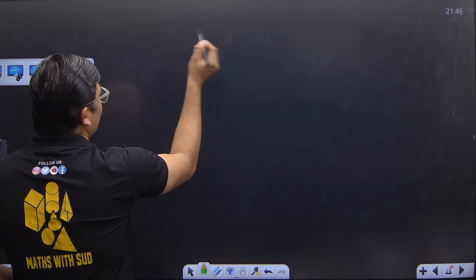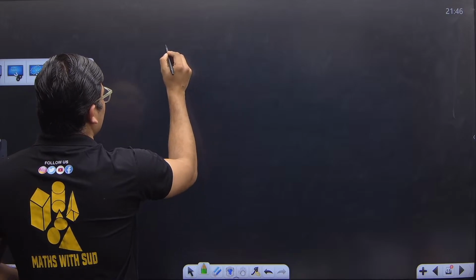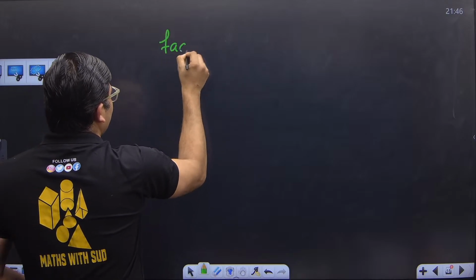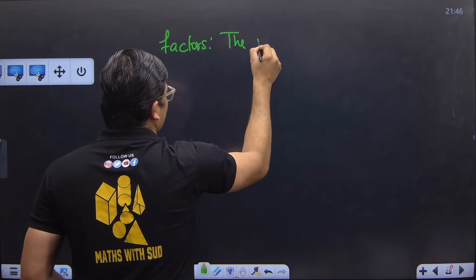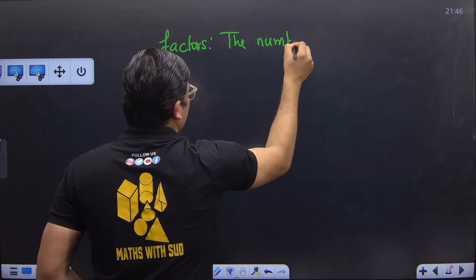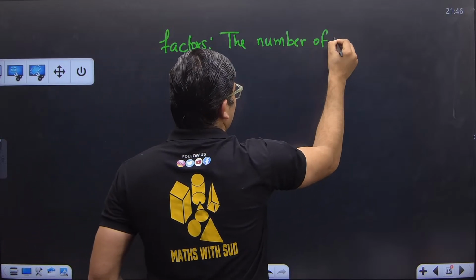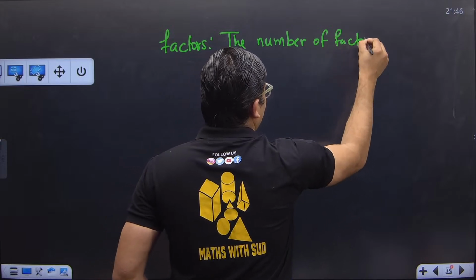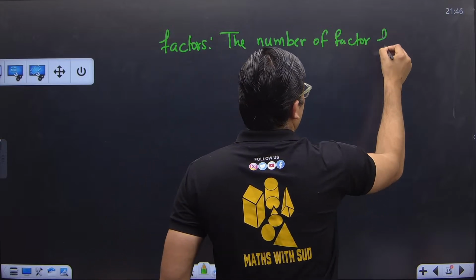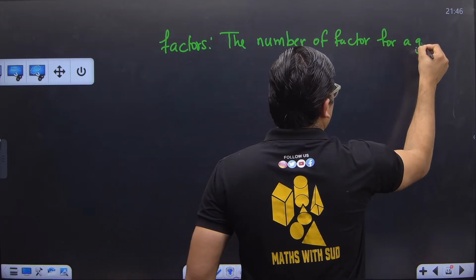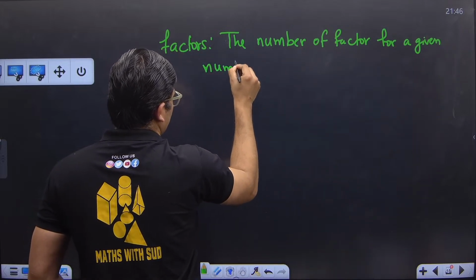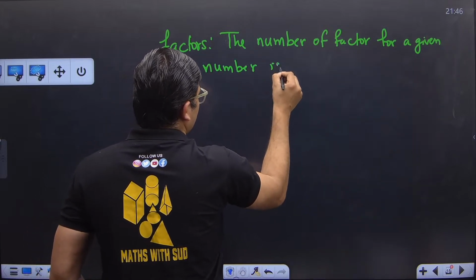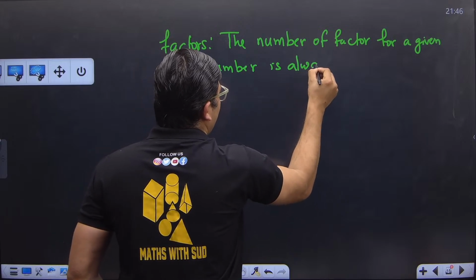Now about the multiples. Before that, one more thing about the factors. The number of factors for a given number is always, what will it be?